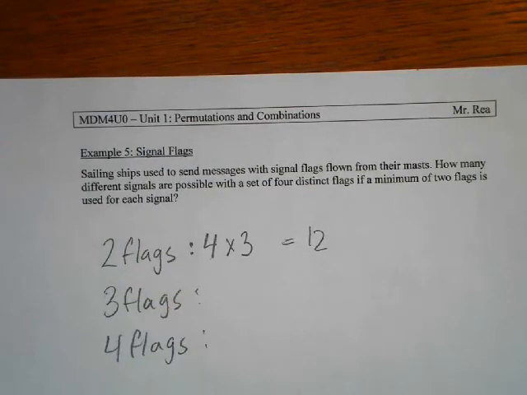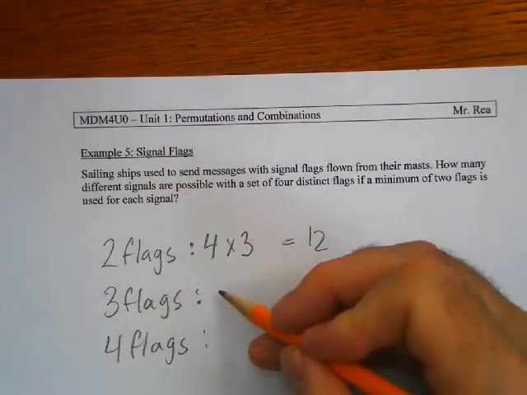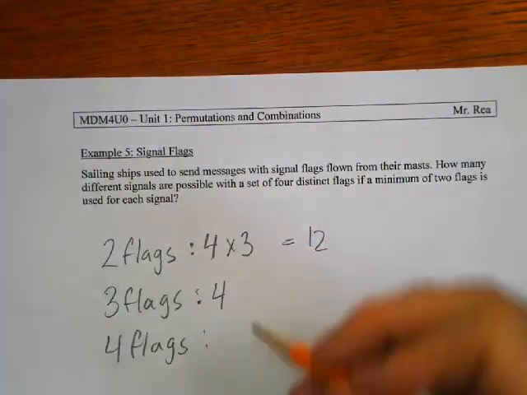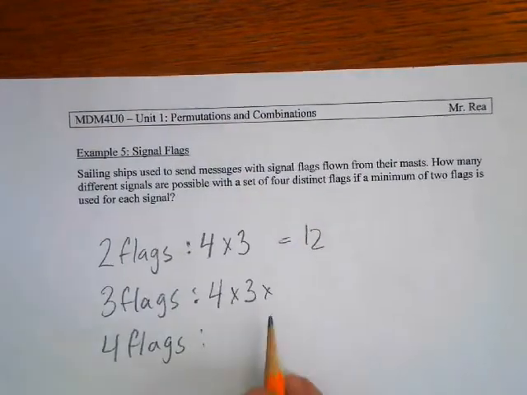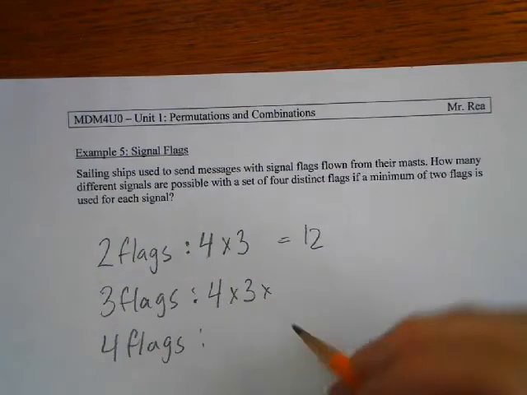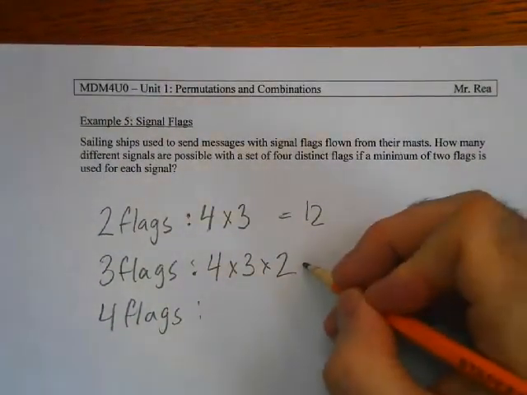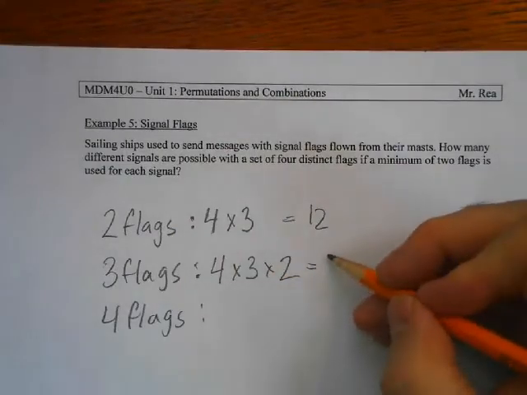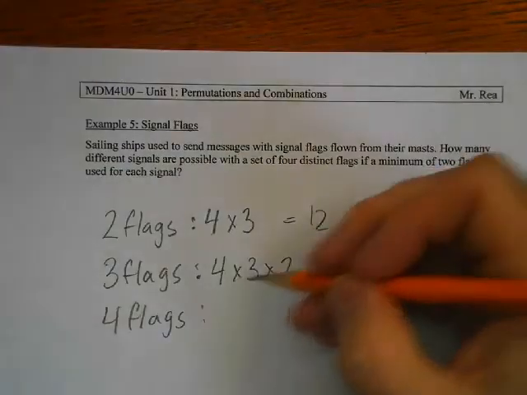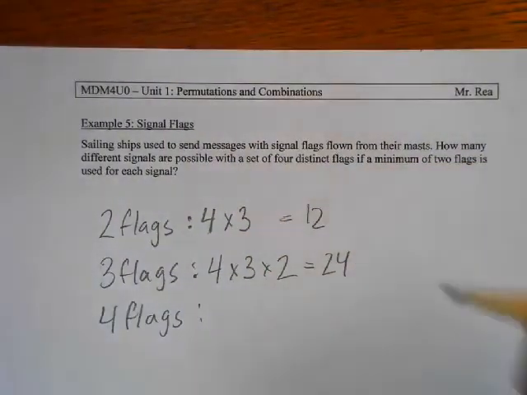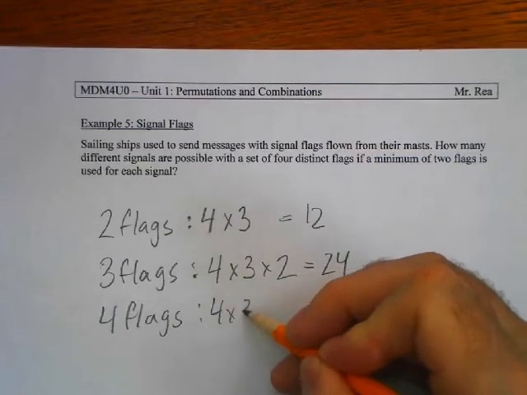Okay, so it continues on. If I use 3, very similar looking. I've still got 4 choices for the first flag. I still have 3 choices for the second flag, but now I'm using a third flag. Well, I've already used 2 flags out of the 4, so I have a choice of 2 others for the third flag. So now this is basically doubled for the number of choices from the 2 flags to the 3 flags. And then for 4 flags, same idea, 4 times 3 times 2.